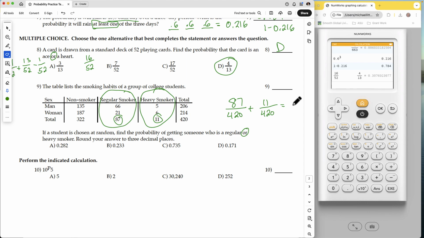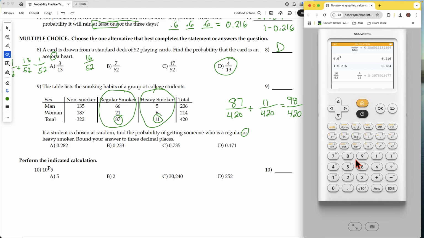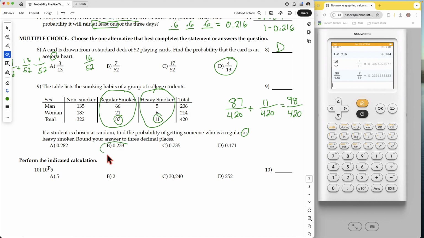So we get 98 out of 420. They want the decimal, so we go ahead and do that. 98 divided by 420 gives us 7/30, but the decimal is 0.233333. Looks like here, B.